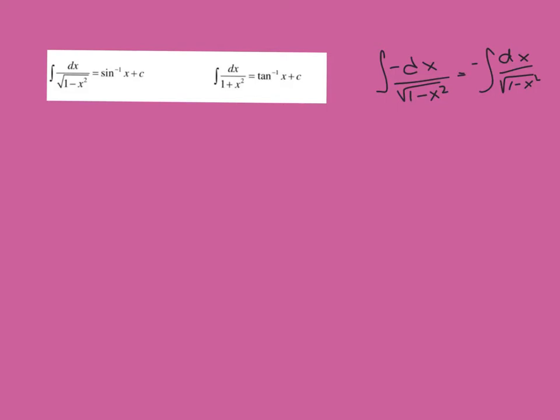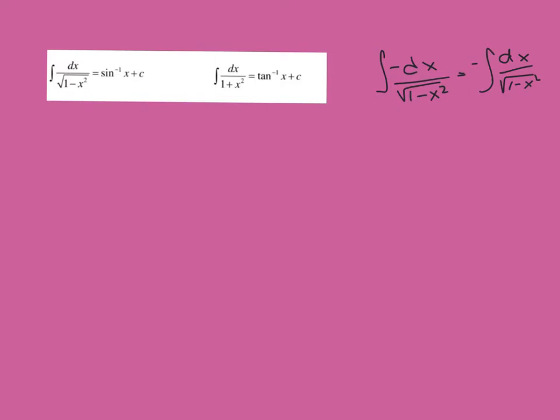It's rare that you see a problem that is just the integral of dx over the square root of 1 minus x squared, and then you write inverse sine of x plus c. Most of the time you will have to use u substitution, and that is going to happen for almost every single one of these problems.